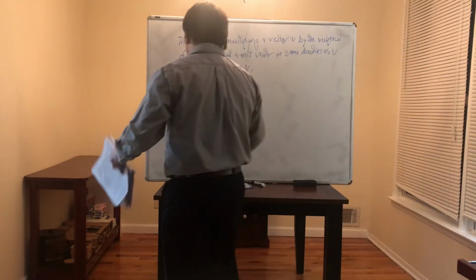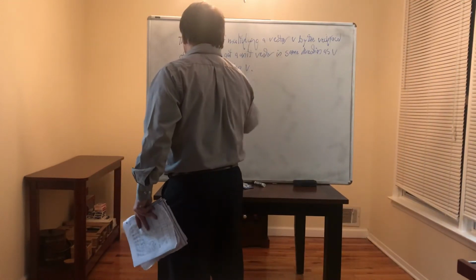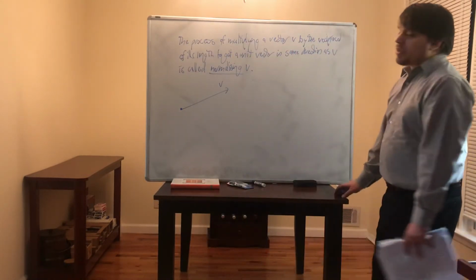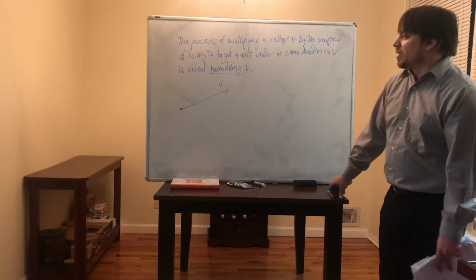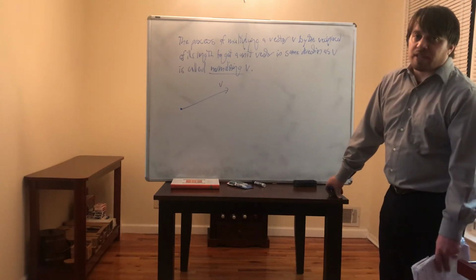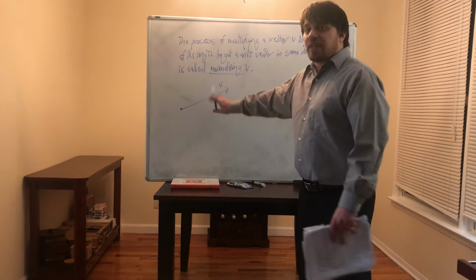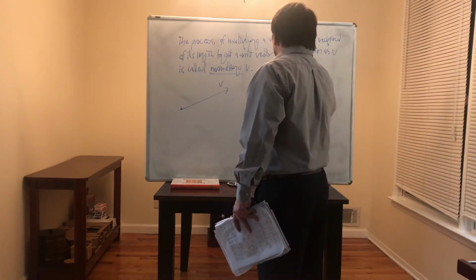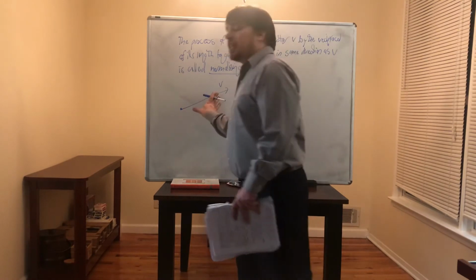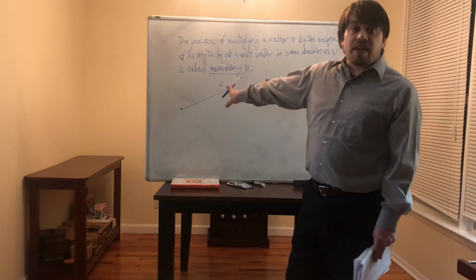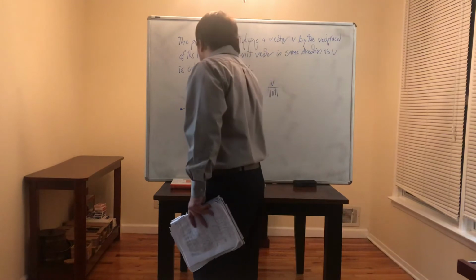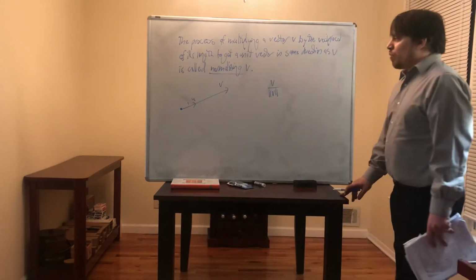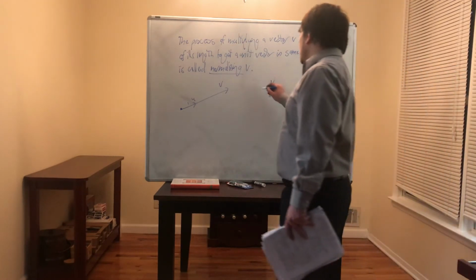Okay, so if you have a vector v like this, then to normalize v would be to find the length of v, then take v and divide it by its length. Then you would be scaling the vector v so that instead of having length of v, it now has length 1. And you would get the vector u that has length 1 and is in the same direction as v.